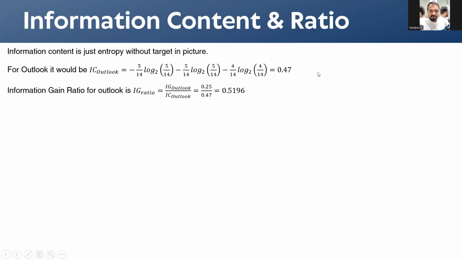That is how you calculate the information content as 0.47. And the information ratio is nothing but the information gain for that feature divided by the information content of that feature, which is 0.5196.